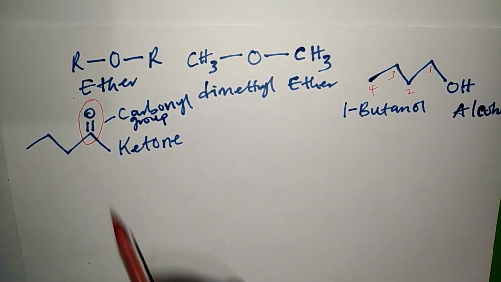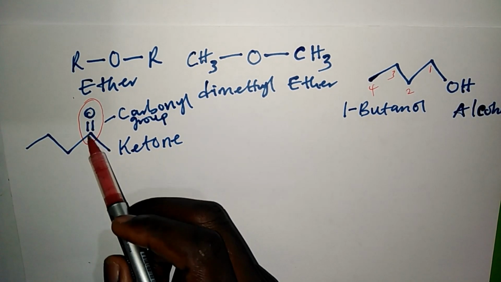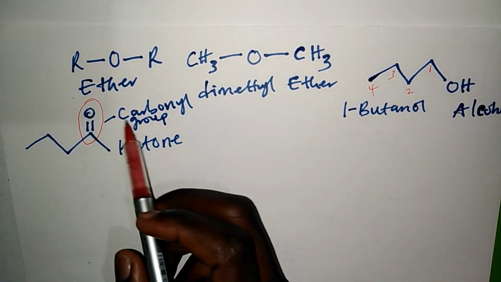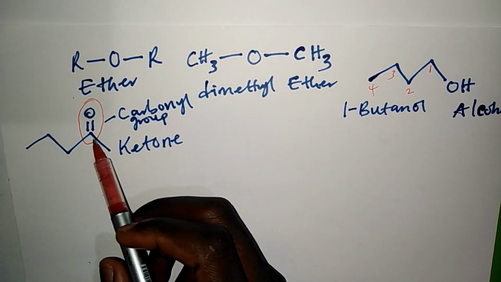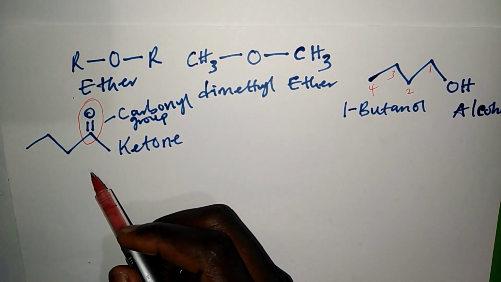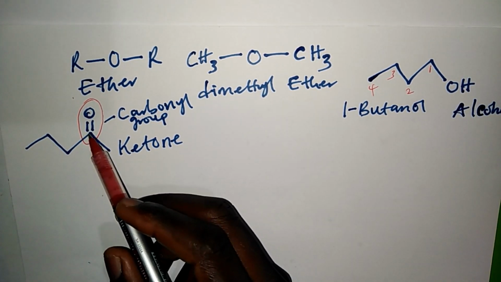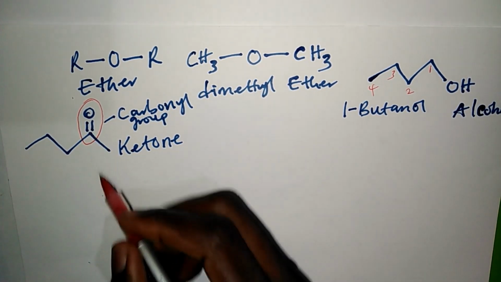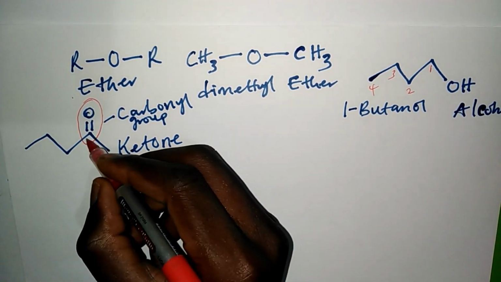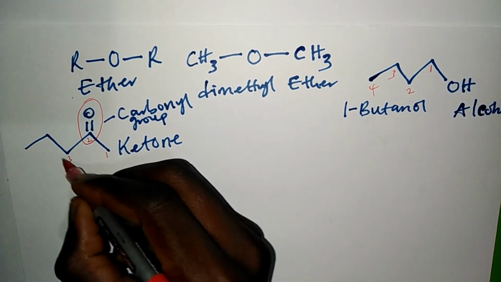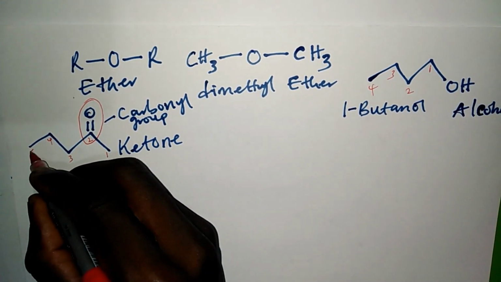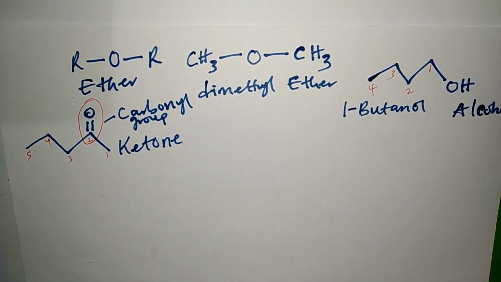Now the whole of this is a ketone, and this carbon that is linked to the double bond is known as a carbonyl carbon, right? Now to do the numbering of this chain, you start from the side that is closer to the carbonyl carbon. So you start here, you say 1, 2, 3, 4, and 5, right?